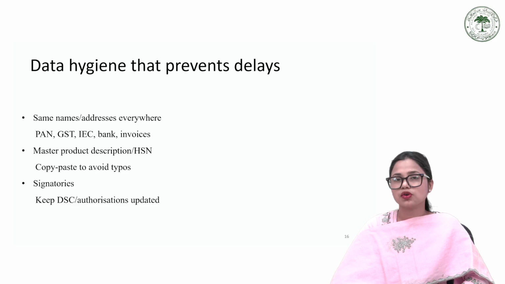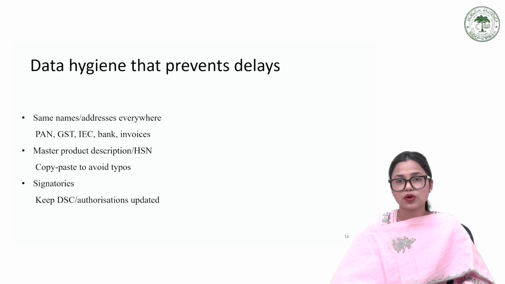So, there must be no mismatch. It must not happen that an exporter or importer has given a different name in the DGFT portal and a different name in iCEGATE. At various steps, they have to check the same thing, whether it be PAN number, GST, IEC, in the bank and in all the invoices.